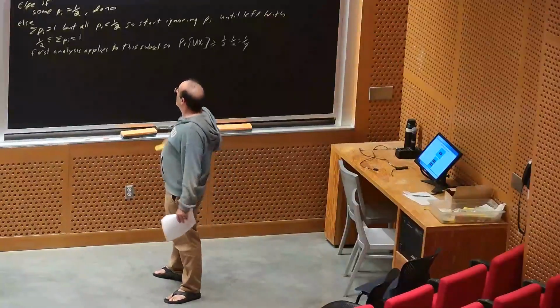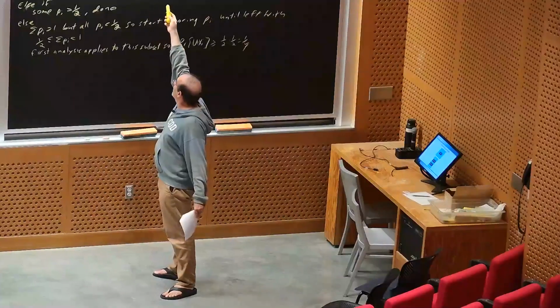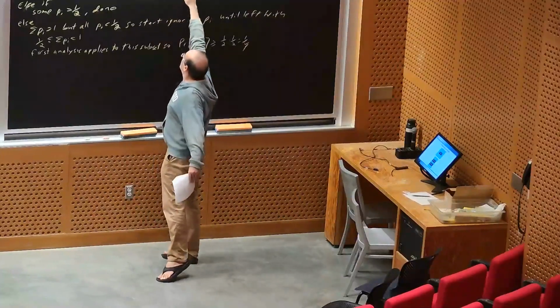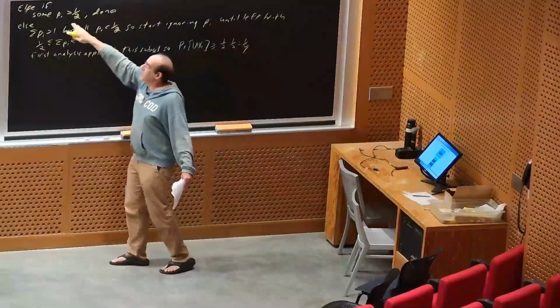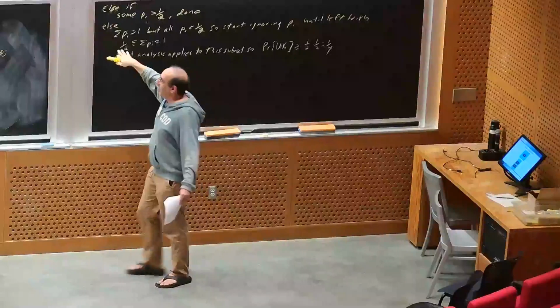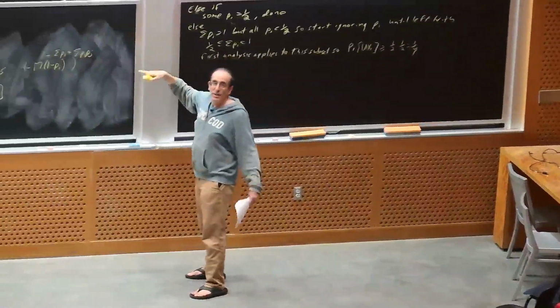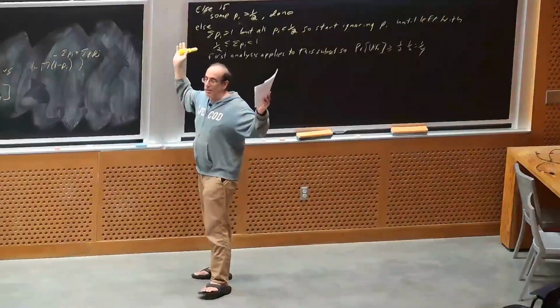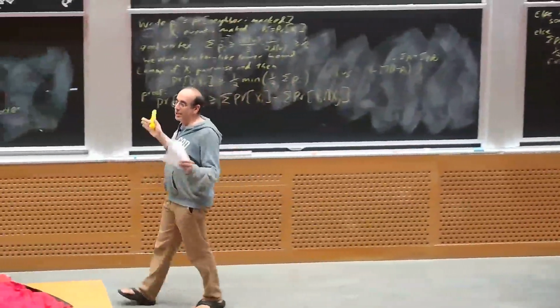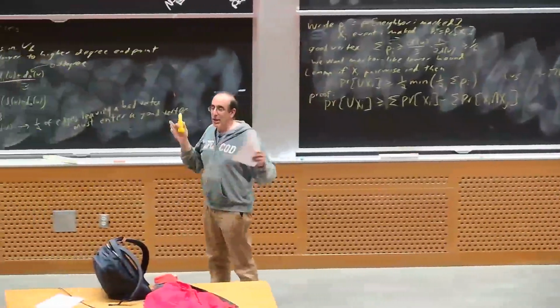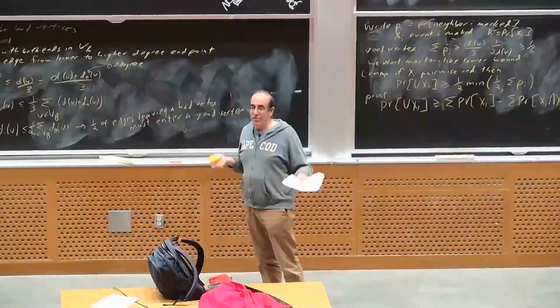So basically, if the sum of p_i's is not really large, then your probability of success is at least half of the sum. If the sum of p_i's is really large, then your probability of success is at least a half. Either way, you're done, right? We have shown that just using pairwise independence, we still have a constant probability of marking a neighbor of a good vertex.